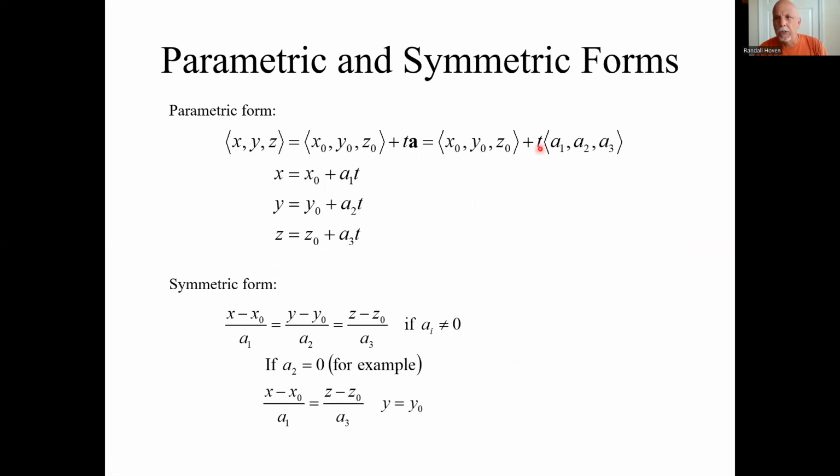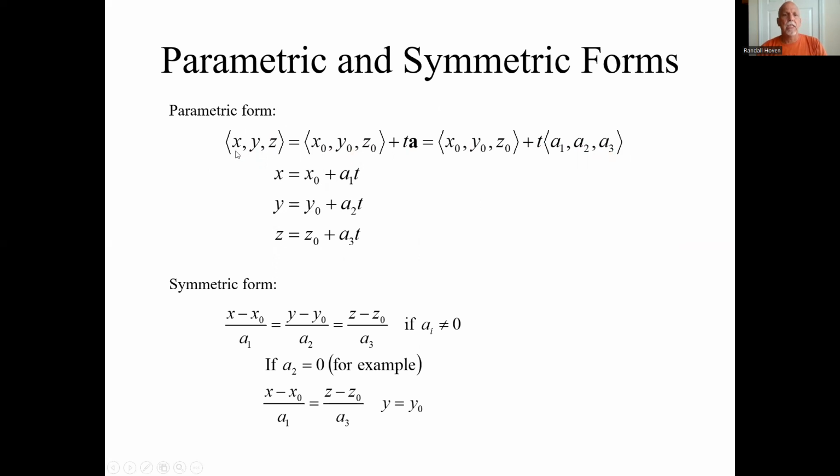But if I broke it down into components, this is R, say this is an R sub 0, which is a point we know along the line. And we have a vector that's parallel to the line. Break it down into its component parts.